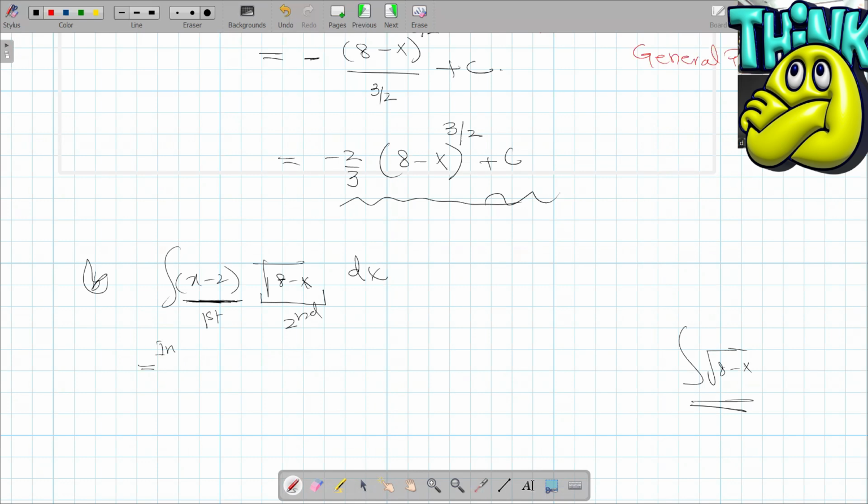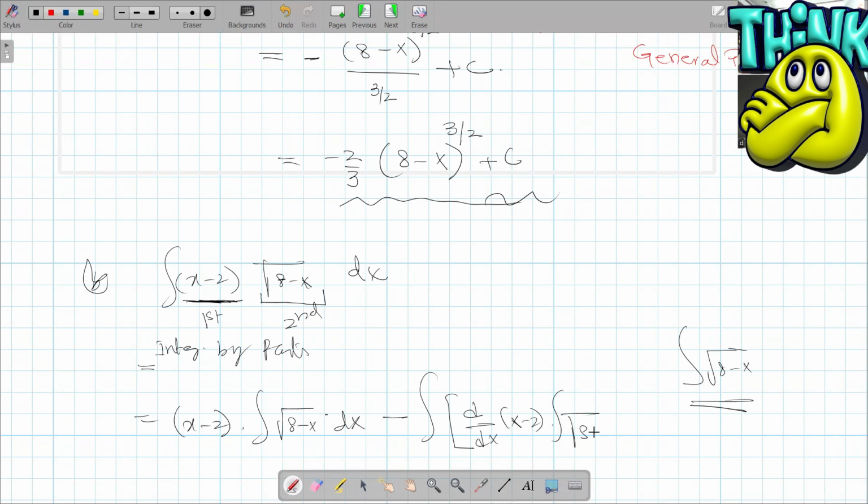So integration by parts: first function same, times integration of the second function, which we've just done, minus integration of the derivative of the first function times the integration of the second function, and the whole integration.